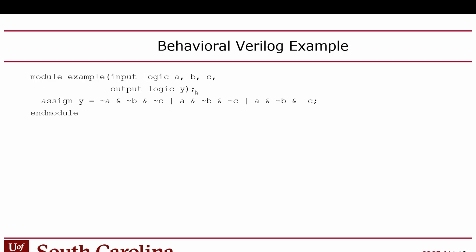Now, the problem with this, and there's a huge problem with this, is that if you have a line of code that triggers another line of code, and then that second line of code triggers the first line of code again, you end up with a deadly embrace in which the discrete event simulator will get locked in an infinite loop and freeze. ModelSim will freeze if you have a circular dependency like that.